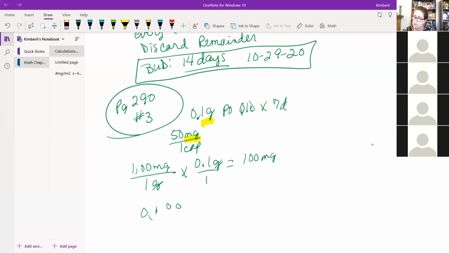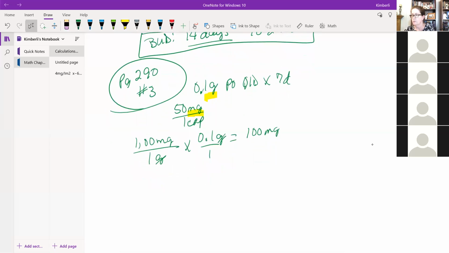Okay, so I need to give 100 milligrams, but there's 50 milligram capsules. So how many capsules is that? 2 capsules. So I'm going to give them 2 capsules times, how many times a day? 4.